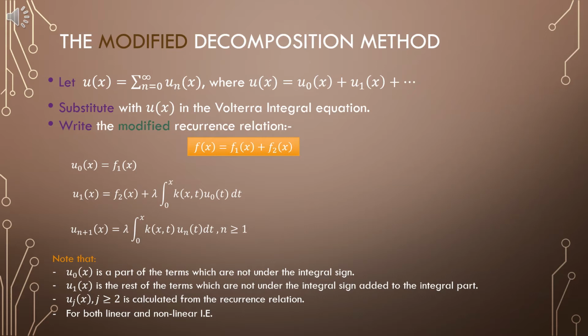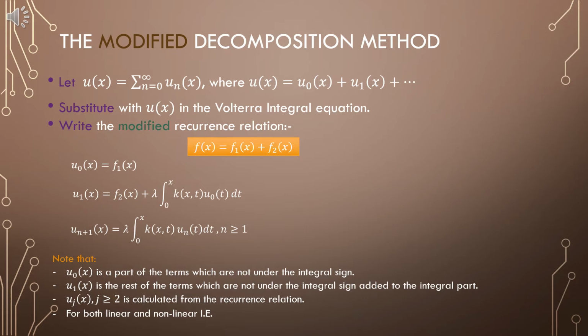We can get the rest of the values from the recurrence relation, which is u_{n+1} of x equal to lambda, the integration from 0 to x, k of x and t, u_n of t dt, where n is greater than or equal to 1.